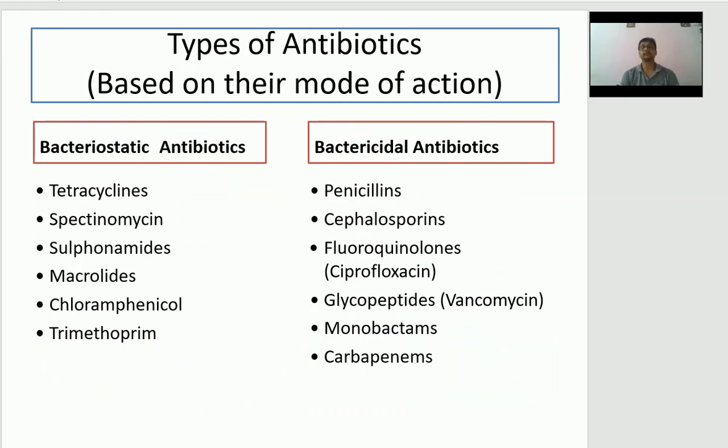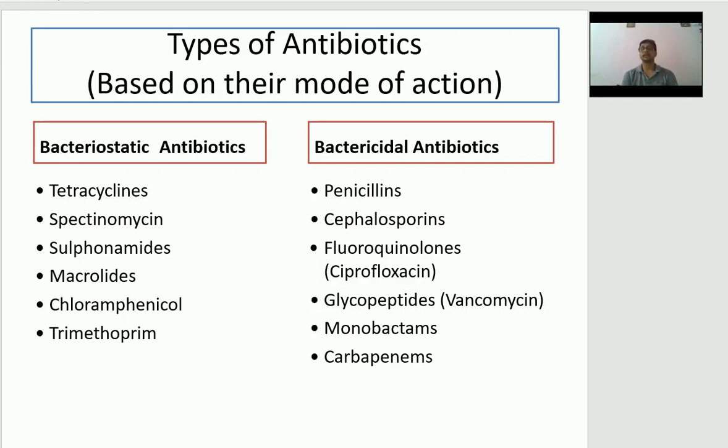Next, we come to the types of antibiotics based on their mode of action. There are bacteriostatics; the examples are tetracycline, streptomycin, sulfonamides, macrolides, chloramphenicol, trimethoprim.